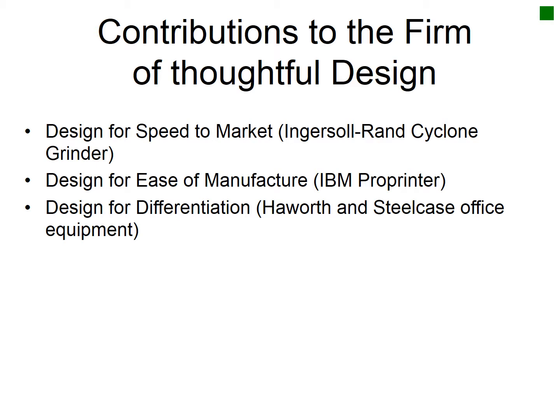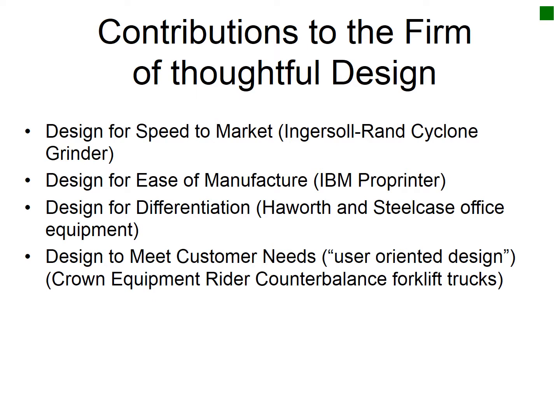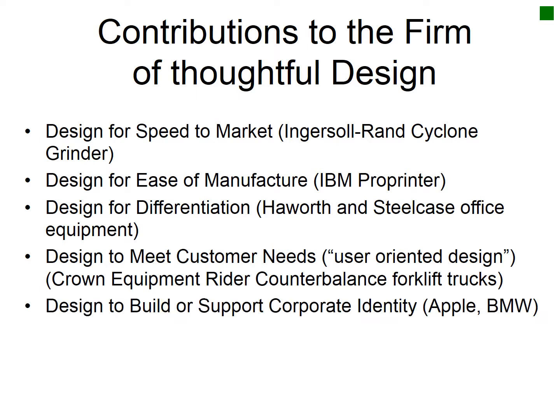When you look at an Apple, the Apple is not a Samsung just by the design of it, or not some other competitor's product simply by the design of it, because it looks like an Apple and not like something else. The design helps meet customer needs. It helps support corporate identity. So again, it helps develop the brand.